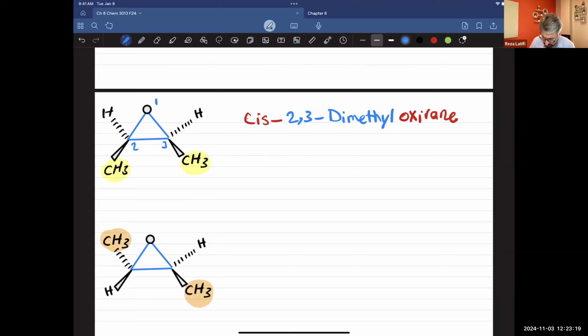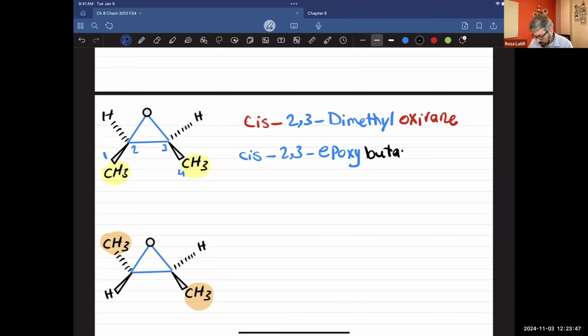Or I can say I have cis. Then how about this? Let's get rid of those numbers. So this is going to be number 1, and that's going to be number 4. In that case, I have 2,3-epoxy, and then this one will be butane.